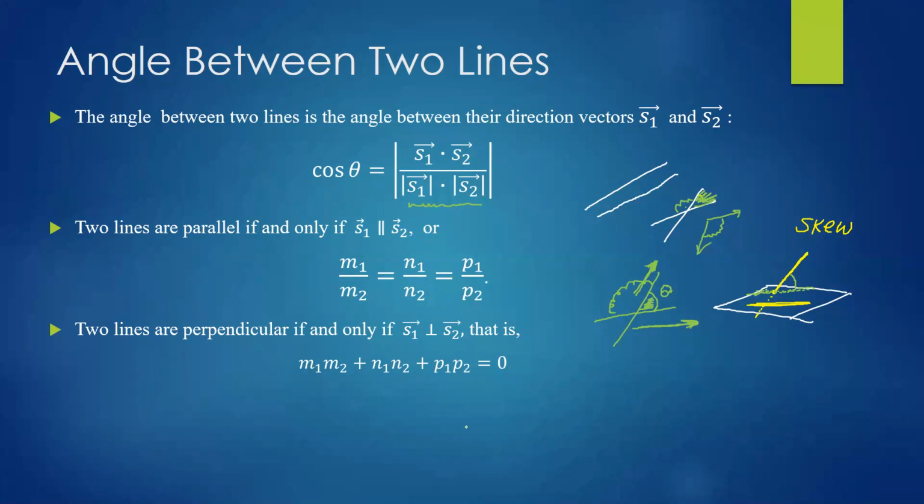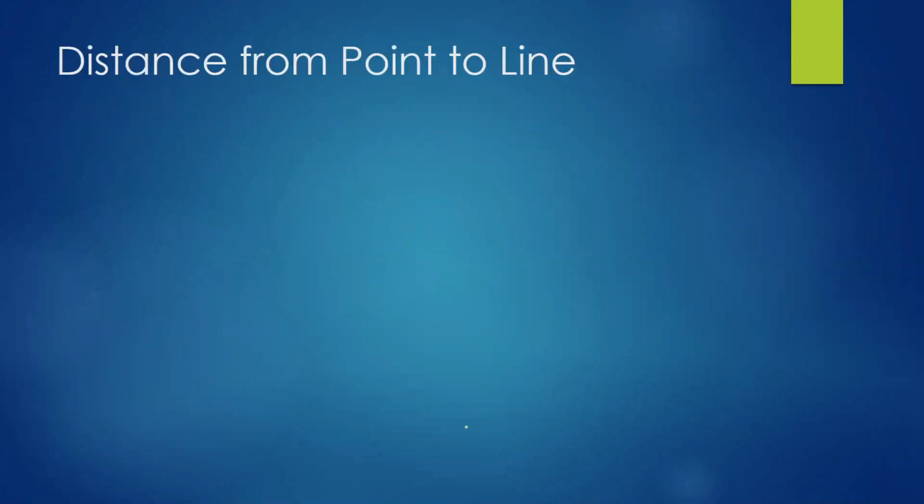What else is there between two lines or lines? Distance from a point to line, which is again something that we will mostly discuss next time, because we will need to deal with lines and planes. So no formula, because we had the formula for distance from point to line in 2 dimensions in plane.